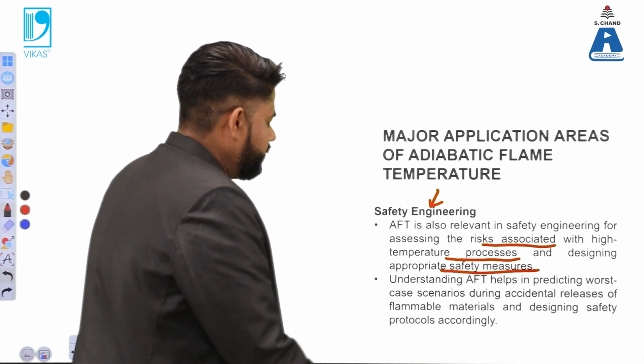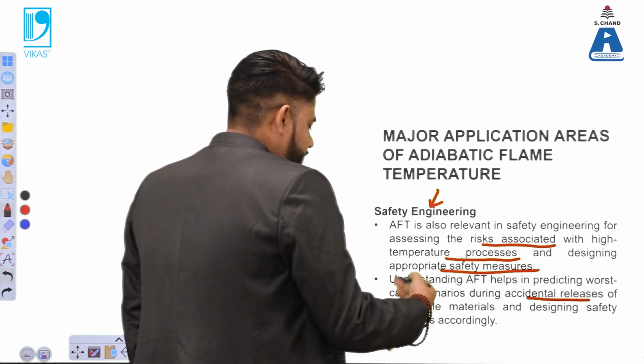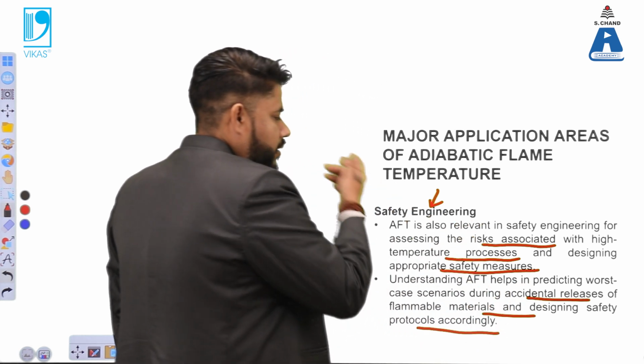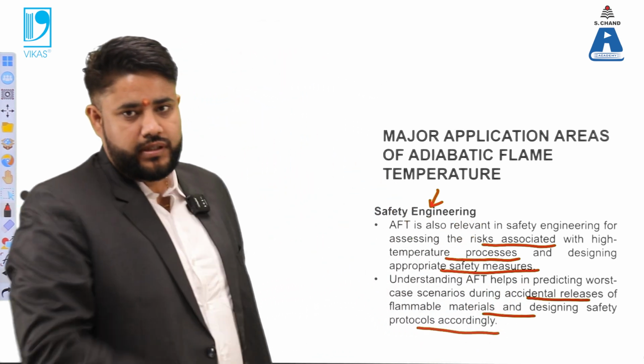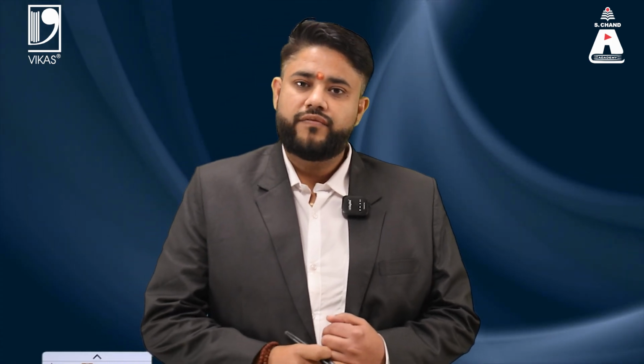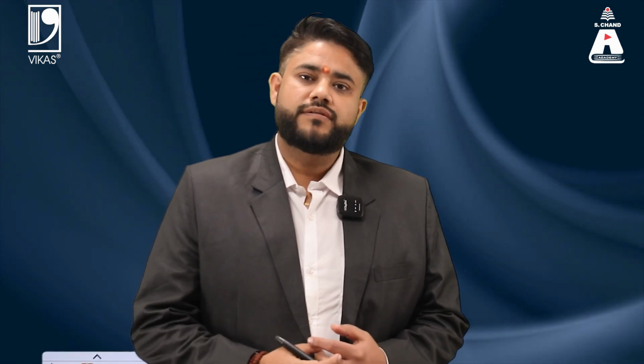This basically predicts the worst scenarios during the accidental releases of flammable materials, and as per the protocols which are particularly there. So with this we come to the end of the video, in which we learnt about the adiabatic flame temperature, its numerical aspect and the application areas of the same.